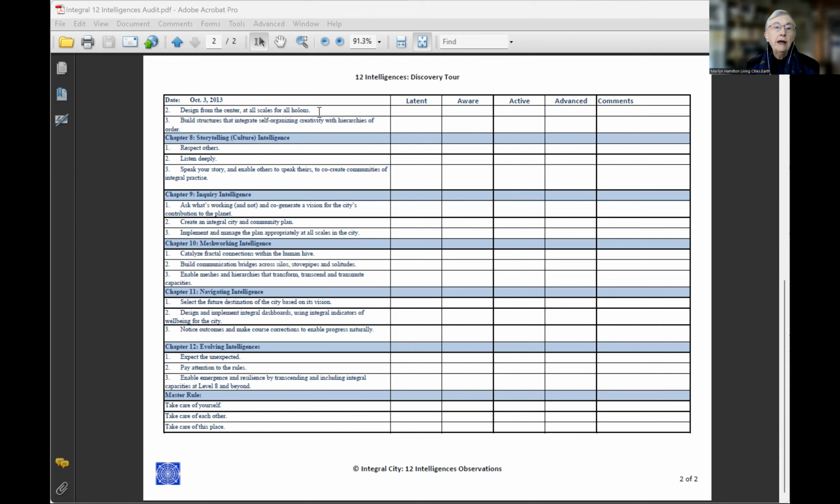And the third element of the building intelligence is building structures that integrate self-organizing creativity with hierarchies of order. You will find that this is reflected in another one of the intelligences we'll talk about in a minute that I call meshworking. But here, we must understand that we have a responsibility in the city to build structures that integrate our self-organizing creativity and support us, because in fact, the structures we build in cities emerge as scaffolds that support one another.